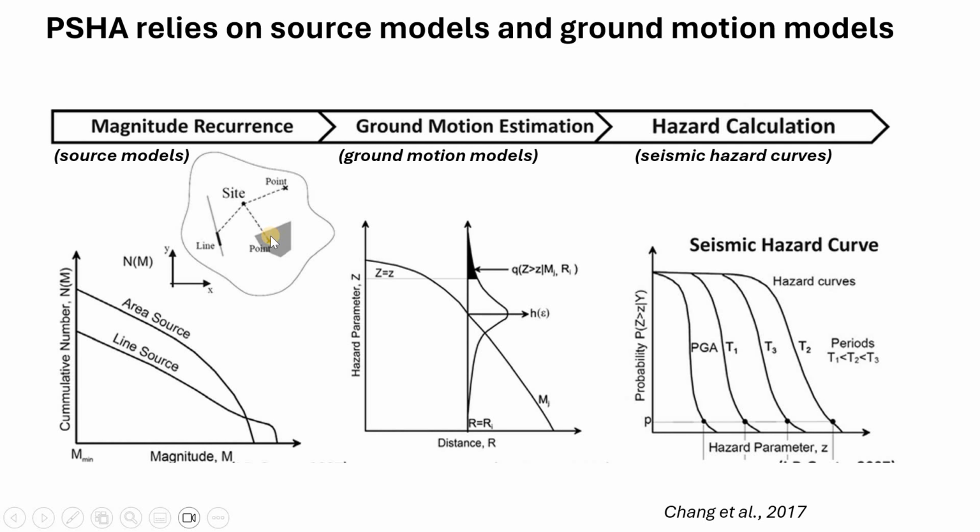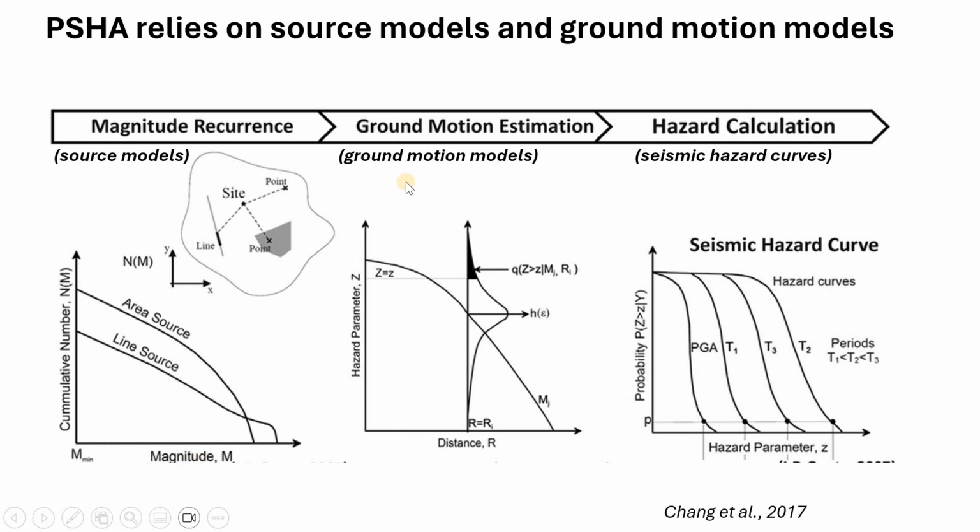And it's very often the case where if we don't know a lot about the faults, we may model the source using just distributions of earthquakes within some broader area. Regardless of how we do it, whether it's a line or an area source, the goal is to come up with a relationship that predicts, again, the frequency of earthquakes as a function of their magnitude here.